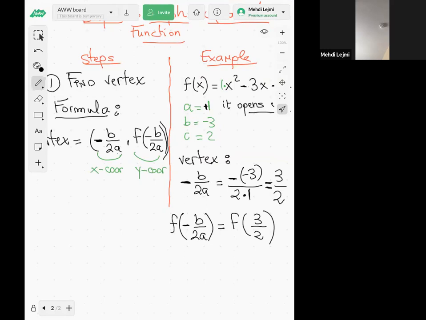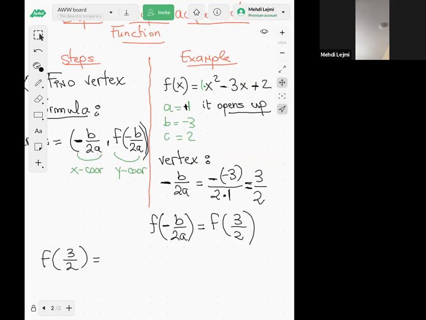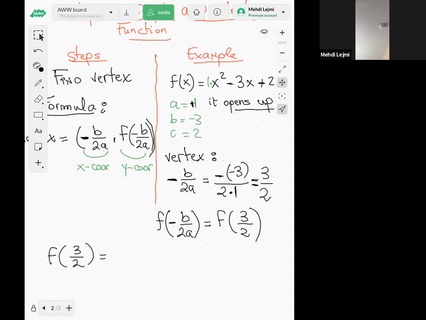So what's f of 3 over 2? You know, the function f is x squared minus 3x plus 2. So it's going to be 3 over 2 squared minus 3 times 3 over 2 plus 2.